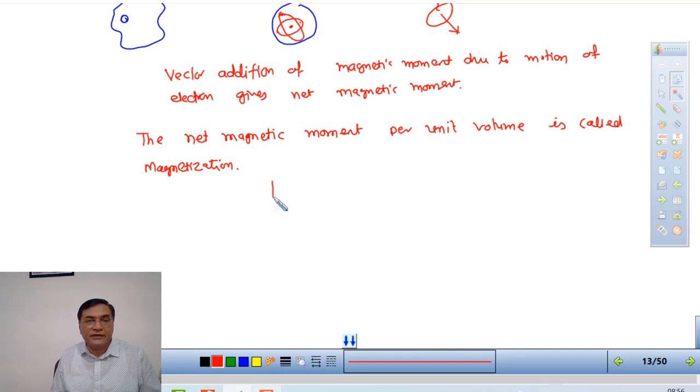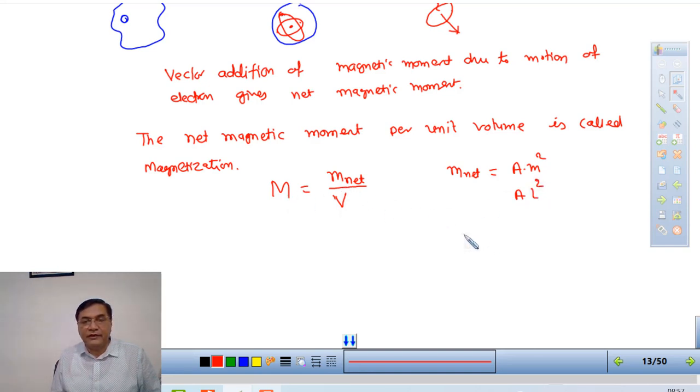So we can write magnetization M equal to M net divided by volume. M net is the vector sum of the magnetic moments due to each electron and therefore due to each atom, divided by total volume. The unit of M net we know is ampere into meter square, so the dimensional formula is AL^2.